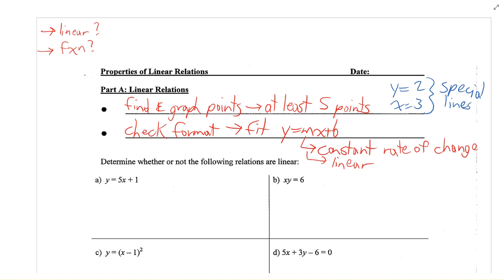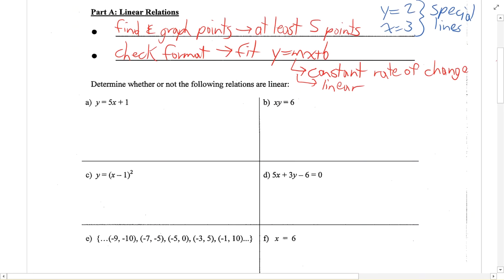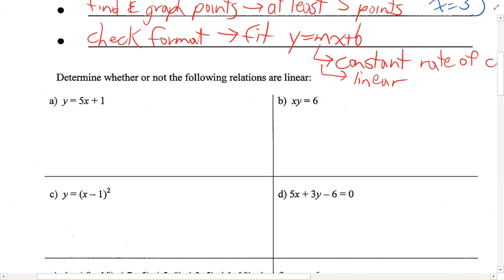So let's have a look here. Determine whether or not the following relations are linear. So here it's what fits y equals mx plus b. So it's linear because it fits the format.